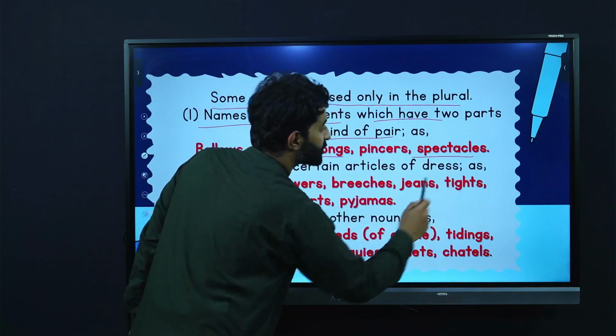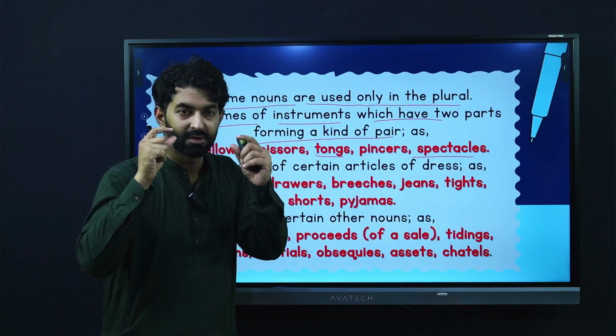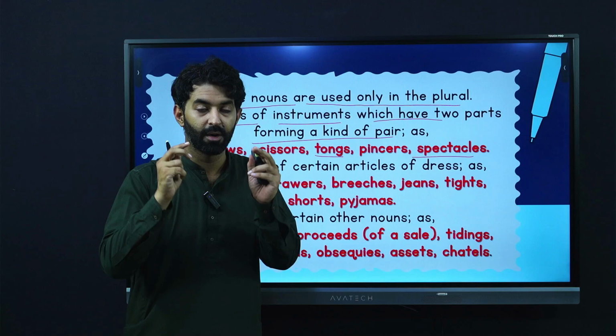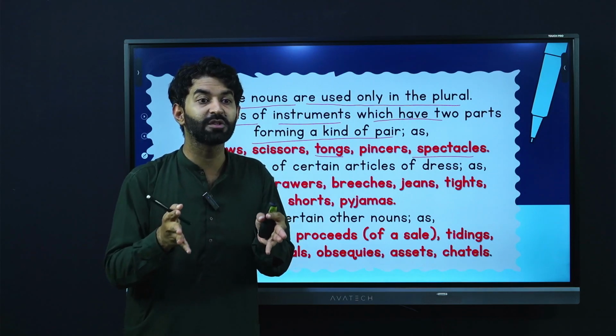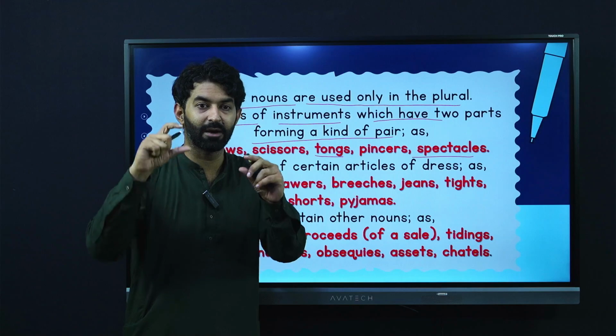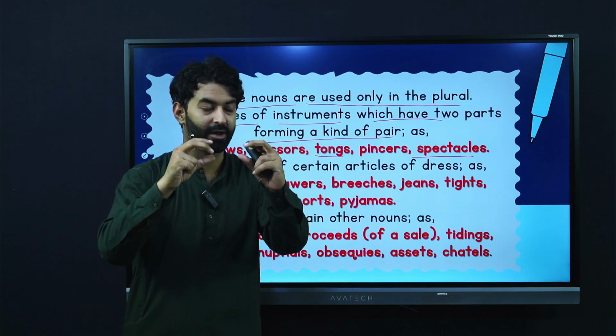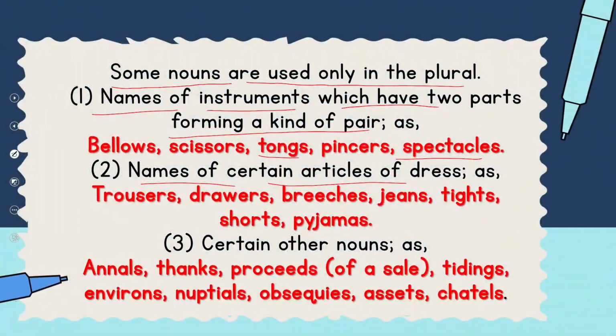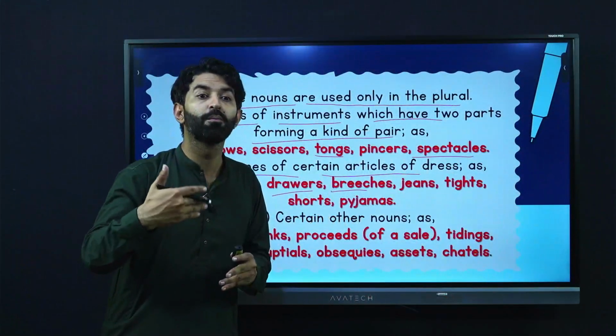Let's say spectacles, your glasses. You're holding one pair of glasses, but you call them spectacles, not spectacle, because they're already made up of right and left parts. Names of certain articles of dress like trousers, drawers, breeches, they are already in the plural form and you don't need to make them more plural.